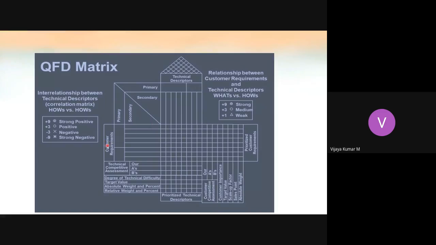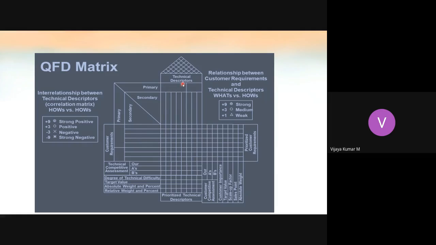The customer requirements could be a primary requirement, could be a secondary requirement. If it is primary, the primary information should be there. If it is secondary, the secondary information should be there. Sometimes the customer requirements may be three levels, tertiary. Then one more column you have to give, that is called tertiary information.